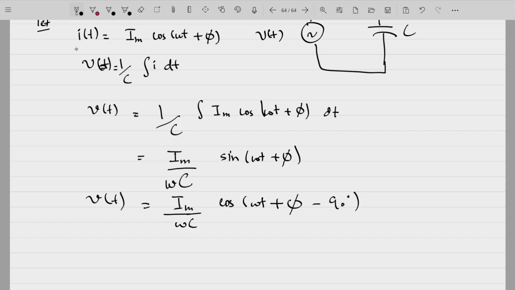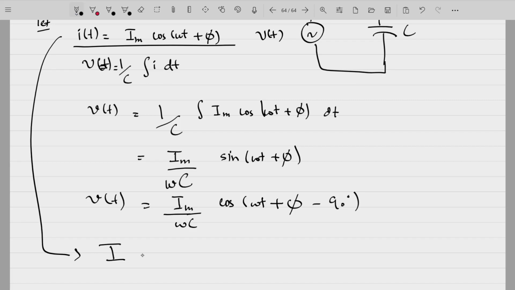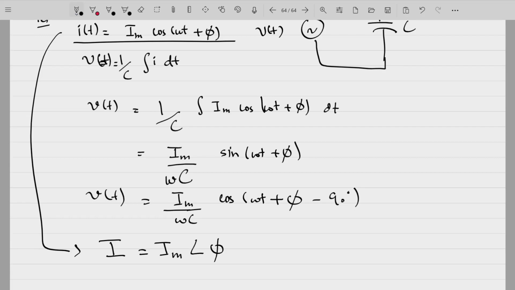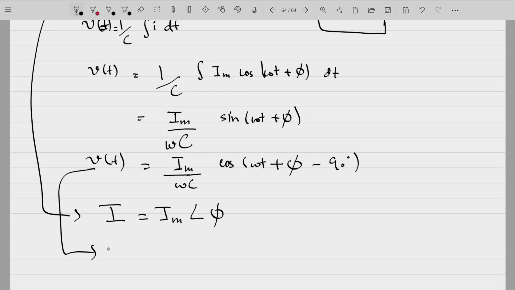And if It is equal to Im cos of omega t plus phi, the phasor form of this can be written as I equal to Im angle phi, and the phasor form of voltage can be written as Im by omega C angle phi minus 90 degrees. So what does this tell us? What does this mean now?